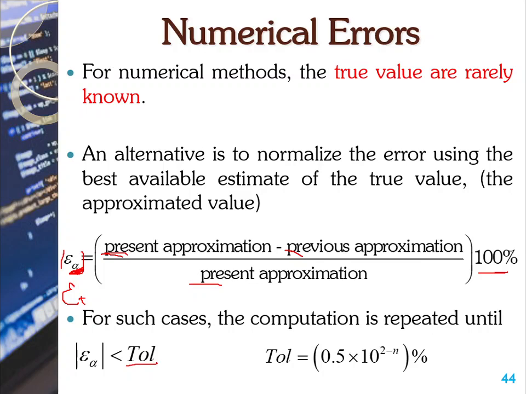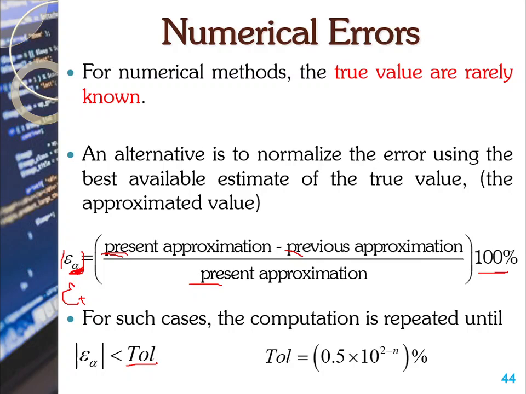But in the classroom, I would go with two approaches. In certain cases I would specify the tolerance. For instance, I can tell you to perform your computation repeatedly until you get an error which is less than maybe 0.05%.